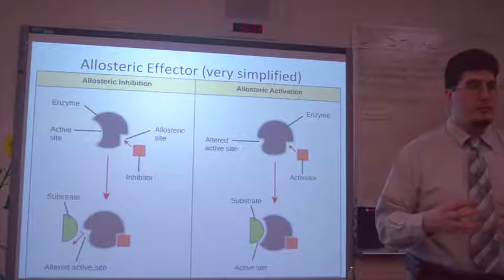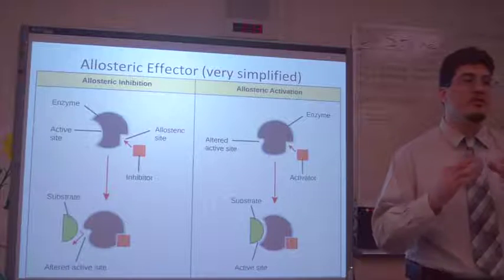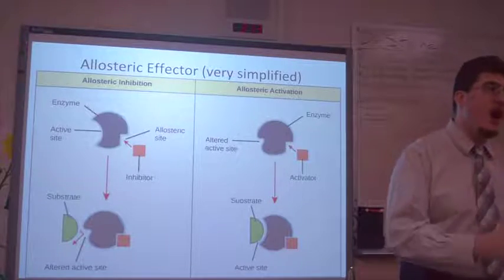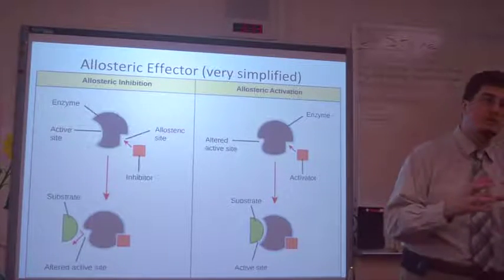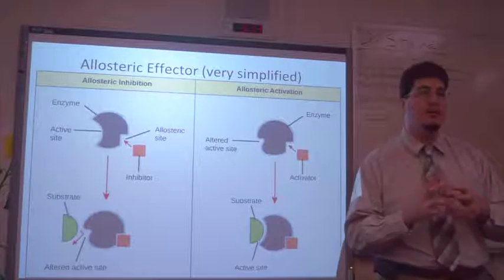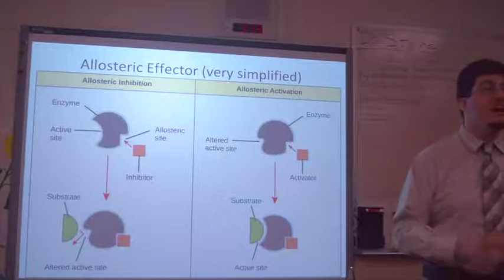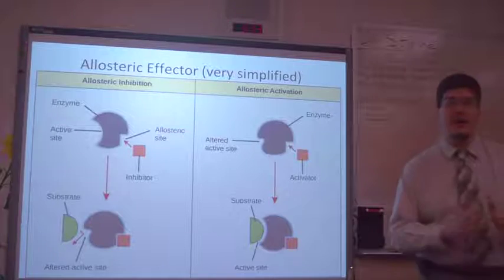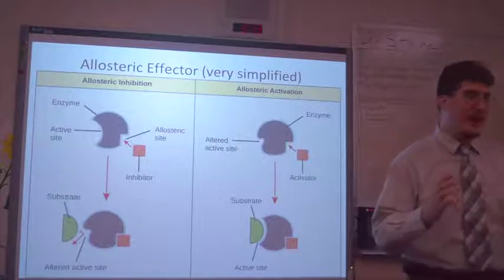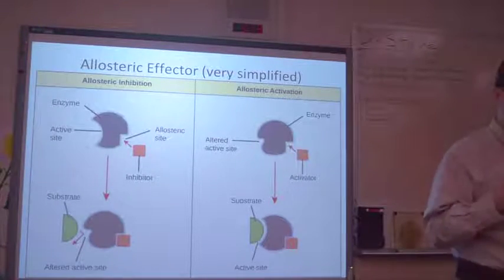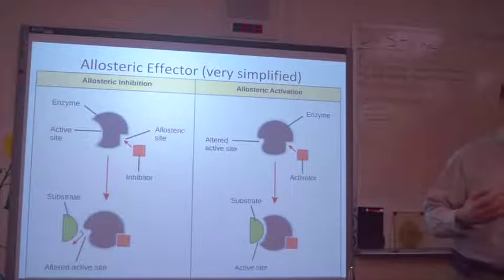This occurs because the allosteric site is the non-active site attachment point for some other binding substance. It can be ATP, it can be a poison, it can be any number of other things.